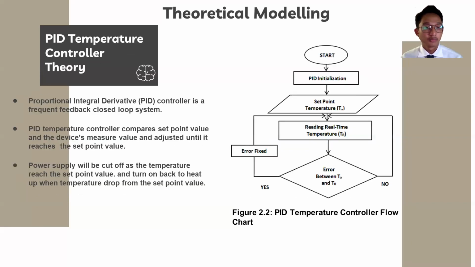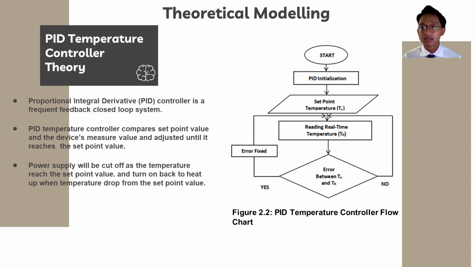The second theory is the PID temperature controller theory that controls the temperature during the compression process. A PID controller is a frequent feedback loop system. This PID temperature controller compares the set point value of temperature that we have set to the measured temperature on the system or device.